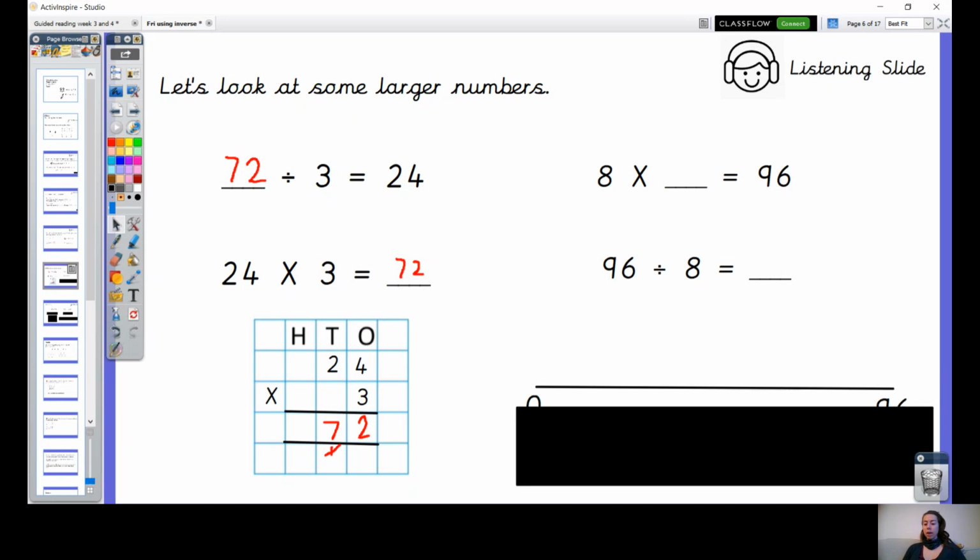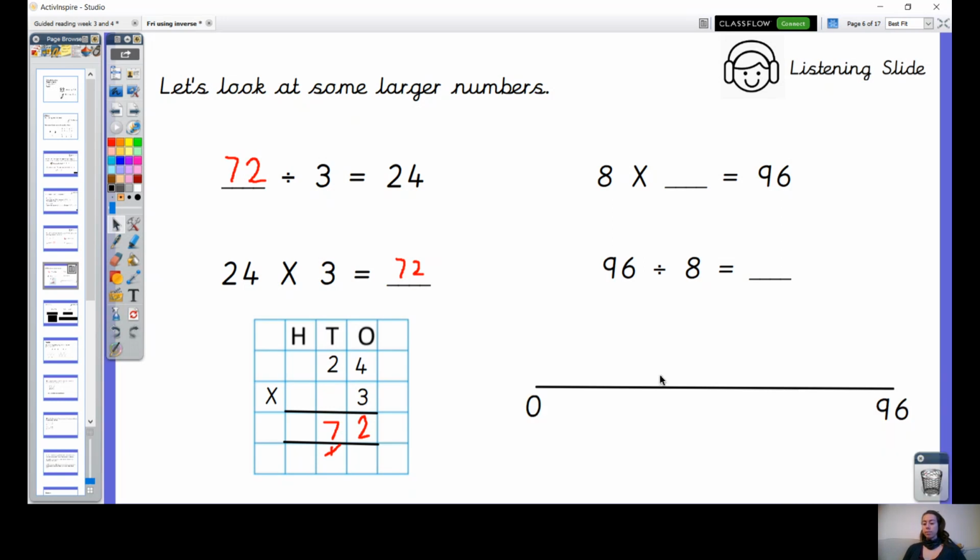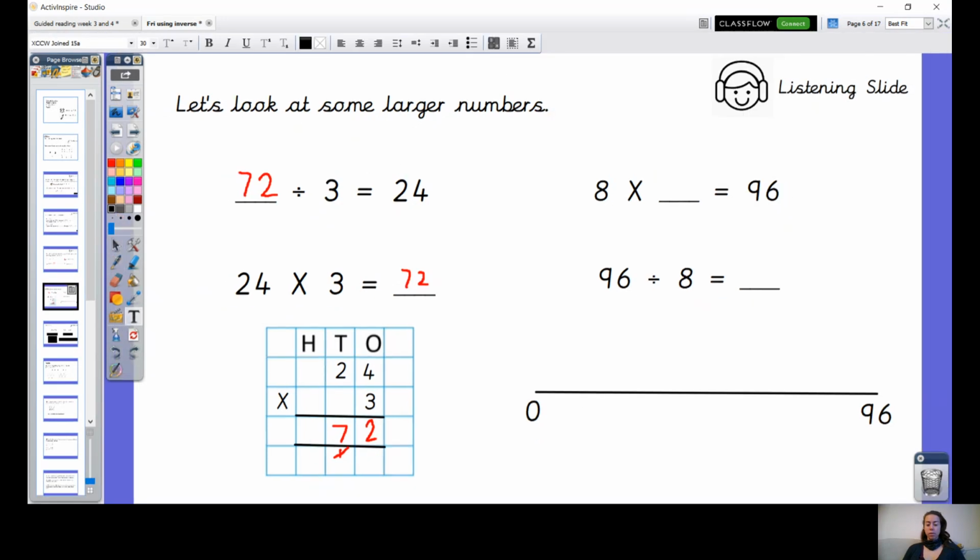On this occasion for me, I'm going to choose a number line, okay, and we're going to count up in 8. There we go. So I think I had this typed. Let's type it out. So 8, 16, 24, 32, 40. Obviously do this in your book along the number line, but it's a bit tricky for me to do that today. 48, 56.